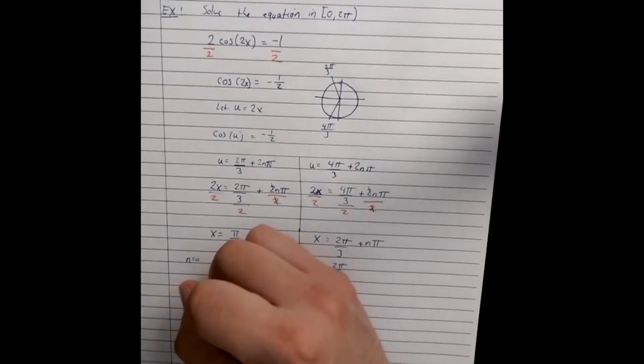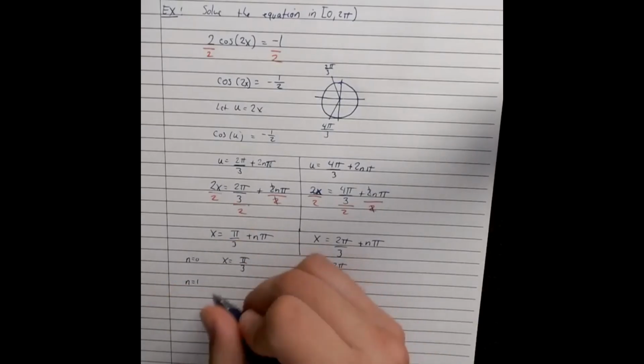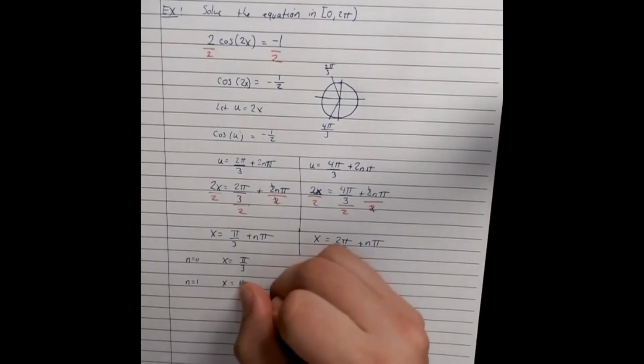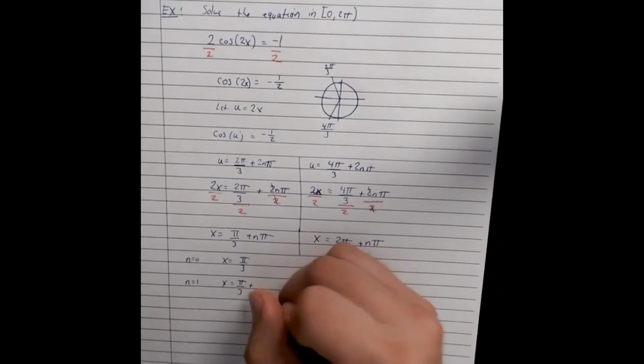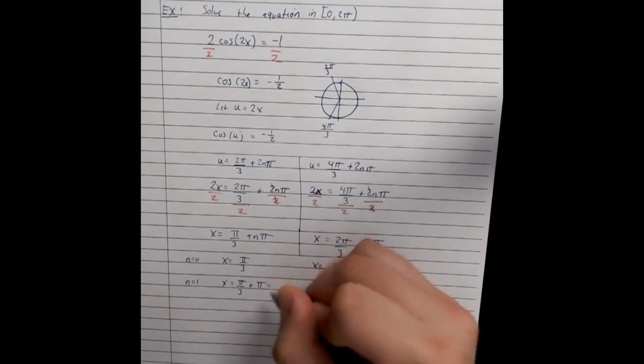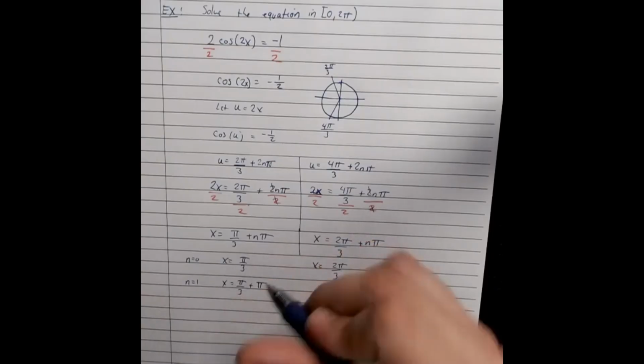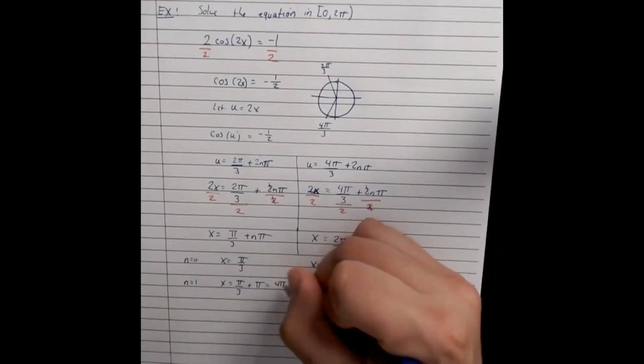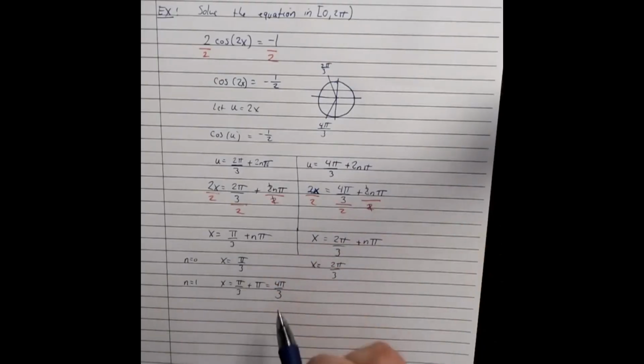Let's keep going. Let's say n is equal to 1. Then that would be pi over 3 plus 1 pi. And if I take 1 pi plus pi over 3, I get 4 pi over 3. Hey, that's also between 0 and 2 pi, so that is also a solution.